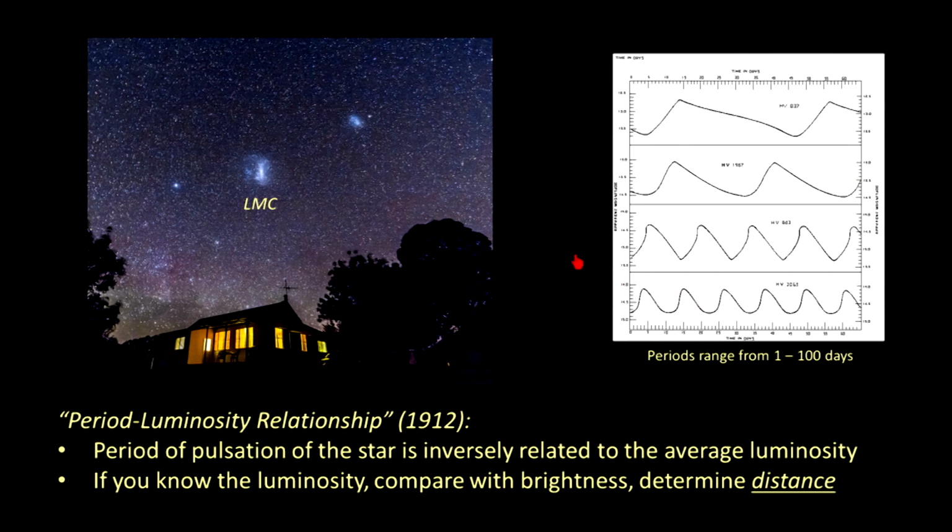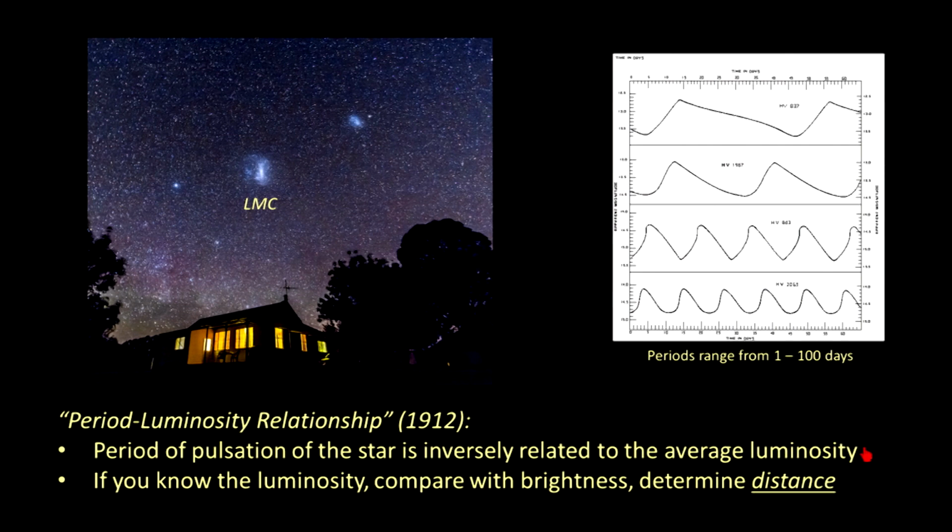Well, Henrietta Leavitt discovered that there was a relationship between the period of pulsation, which means how long it takes to become bright and then faint and then bright and then faint. That's the pulsation. So the period of pulsation of the star was inversely related to the luminosity of the star. Remember from a previous video that we had earlier in the semester that luminosity is the amount of energy that the star is actually producing.